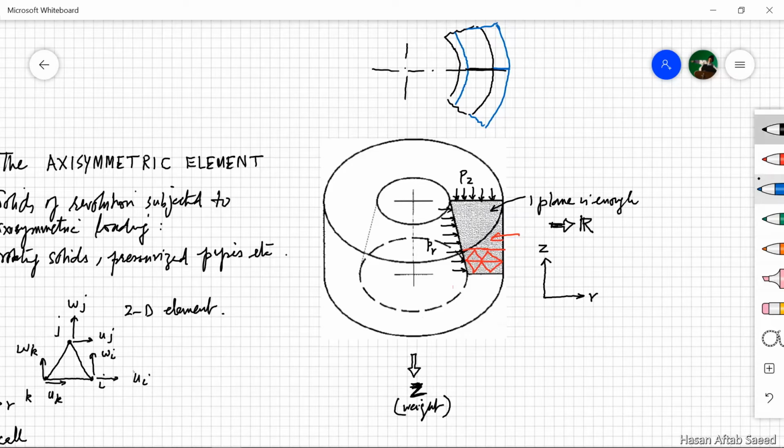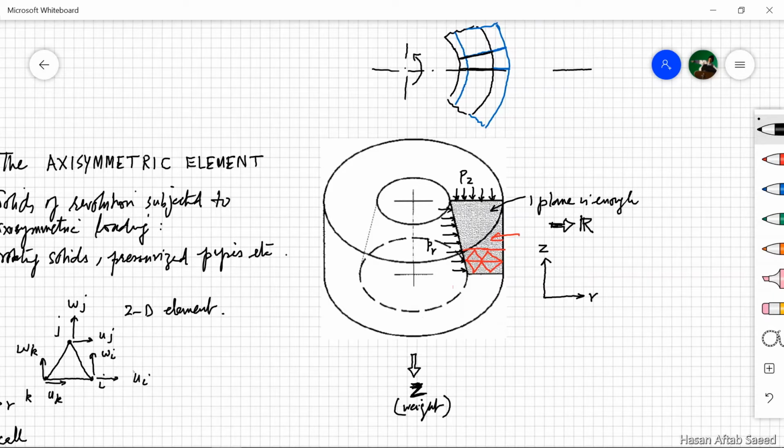Similarly, if we take another plane, any plane, all the particles on this plane will obviously move in the radial direction, but they cannot move in the circumferential direction. The circumferential direction being this one.